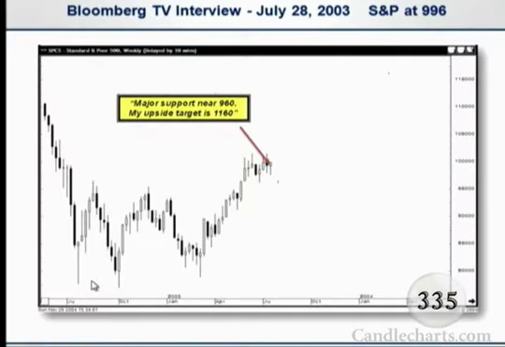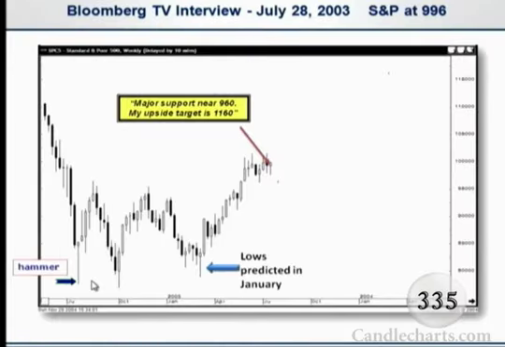So this was an interview I did on July 28th, 2003. And at that time, this is where the market was, I said major support near 960. My upside target is 1160. Okay? And let me show you exactly why I got this. Once again, it's Western technicals, and with this one, it's using candles correctly.